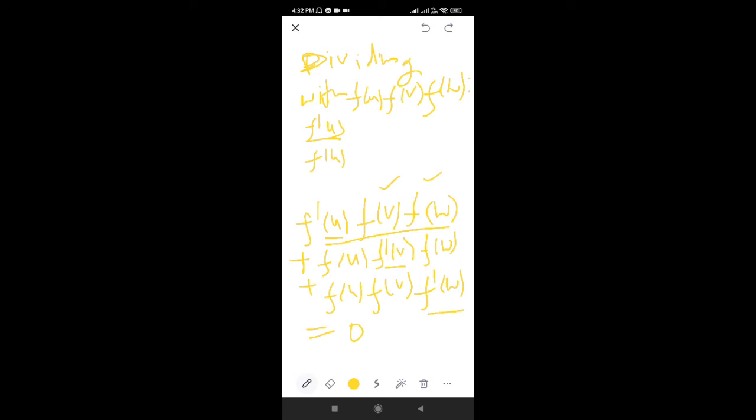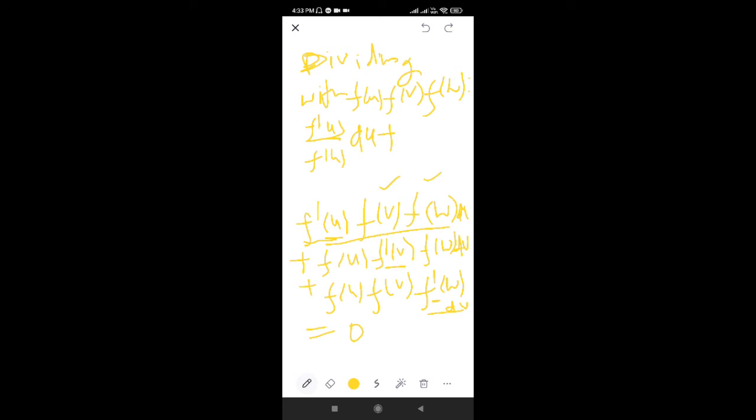Here we forgot one thing. Whenever you are differentiating, we have to write du in the first term, dv in the second term, and dw in the third term. Why? Because we are differentiating the w function, so we have to write dw. So here you are getting in addition this du.